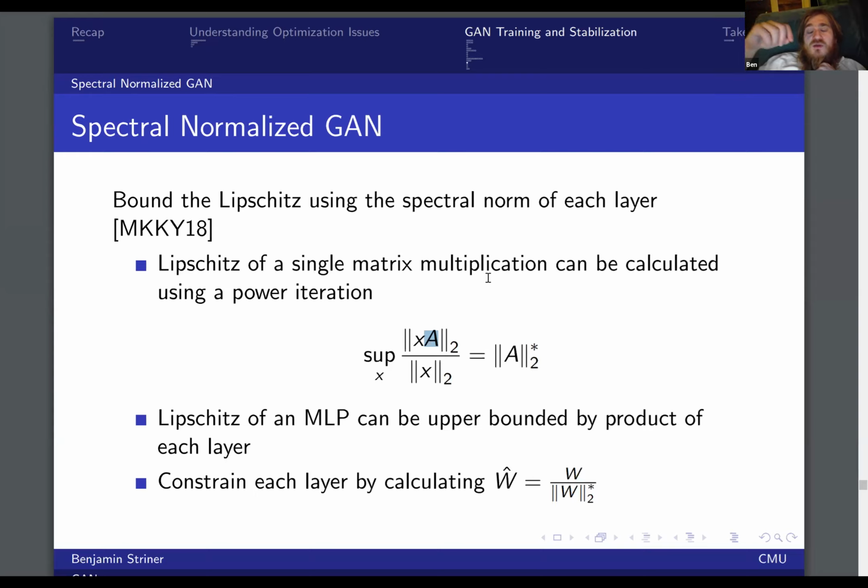Versus when we're doing a bound, like spectrally normalized GAN, I can guarantee you, like 100%, that your neural network does not have a Lipschitz above 1. But maybe your Lipschitz is like 0.1. I don't know. You might not be getting close to the bound. And that's the trade-off you see a lot.